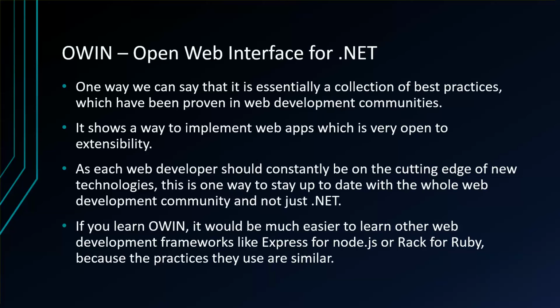Each web developer should constantly be on the cutting edge of new technologies. Suppose we are web developers; we want to be up to date with the new technologies. If you are developing and designing apps using the ASP.NET runtime, this is definitely not up-to-date development. Other web development apps are using OWIN architecture.